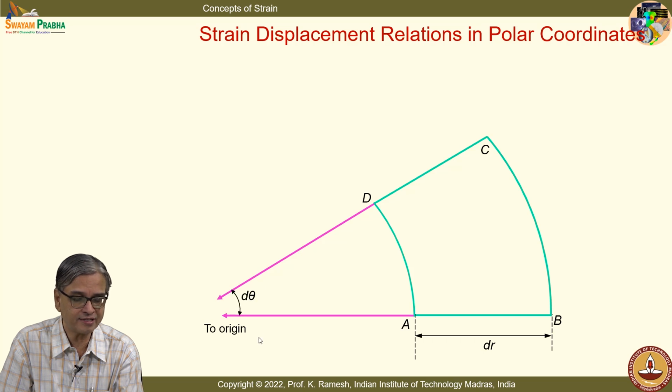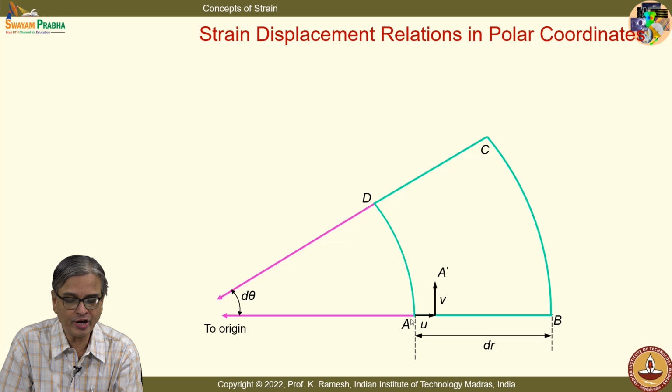So, I take this angle as d theta. I have an element ABCD, and I have a displacement at A: a radial component which is denoted as u, and a circumferential component which is denoted as v. In the limit, you can say that this is tangential to this, fine.